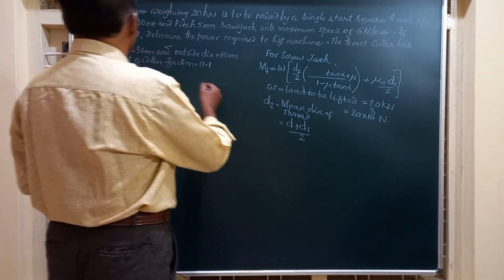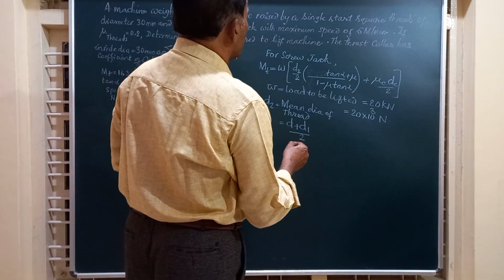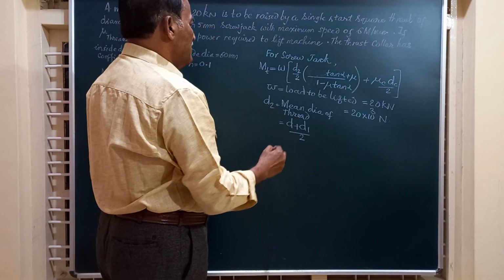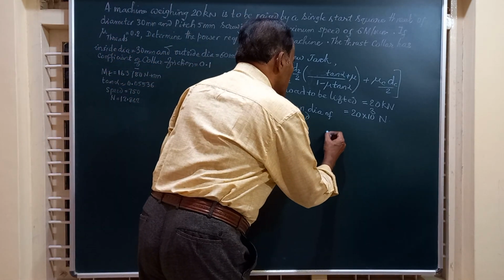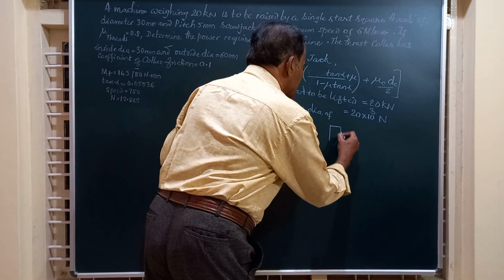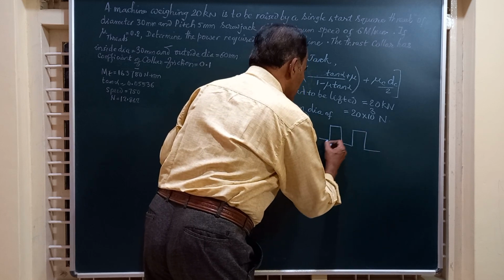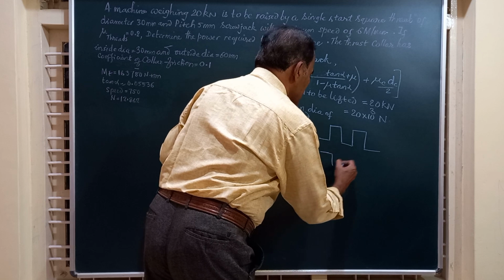The question is given as a square thread of diameter 30 mm and pitch equal to 5 mm. Friends, for the power screw, we make use of square thread of normal series, and it will have a profile like this.